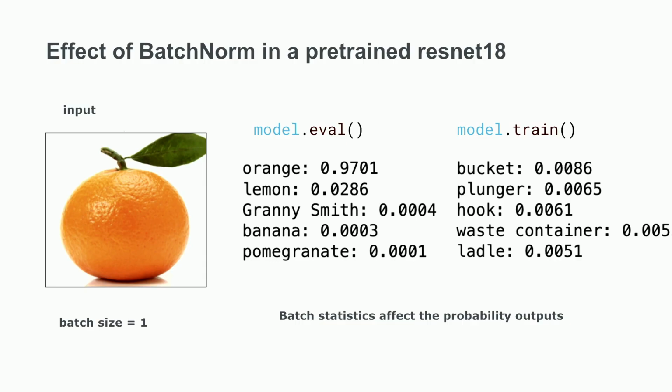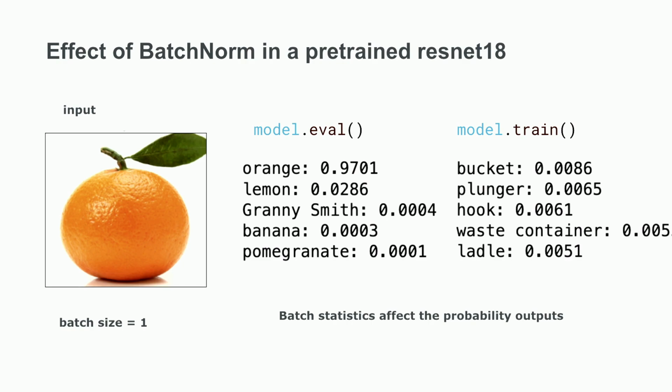And when we use a batch size of 1, we're going to introduce a lot of noise in the behavior of batch normalization. So this behavior emphasizes the importance of using model.eval during inference to avoid variability caused by calculations that are dependent on the batch. This effect is most noticeable when we use very small batch sizes.